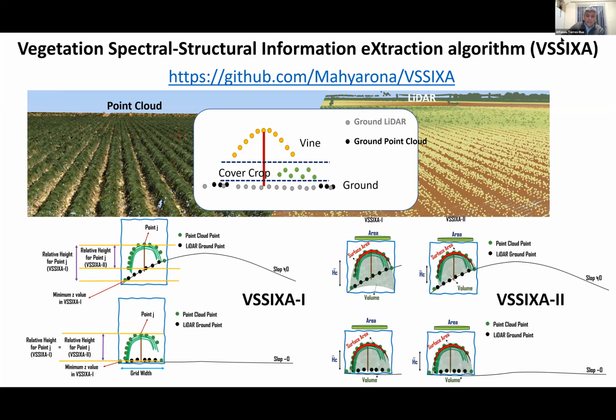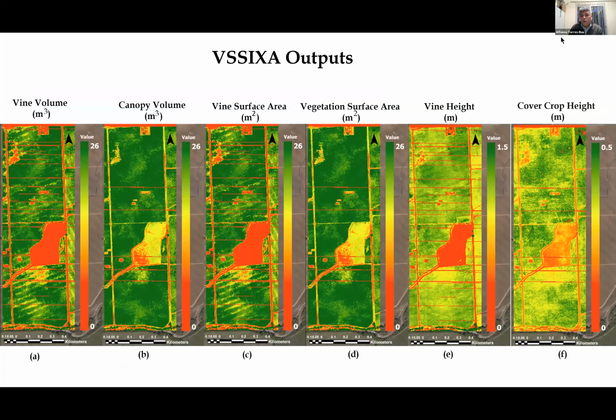This algorithm allows us to calculate parameters like the vine canopy volume or inter-row crop volume, surface area, and height of these two crops occurring across the farm. And these estimations are combined with spectral and thermal information.